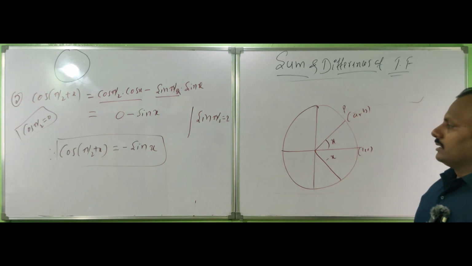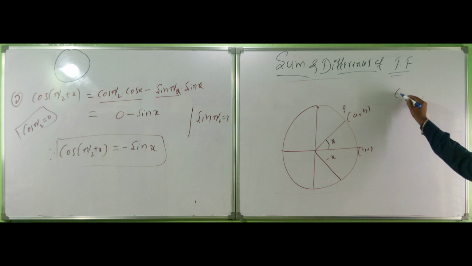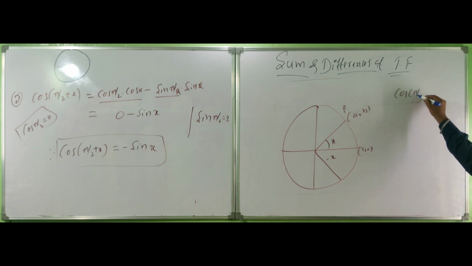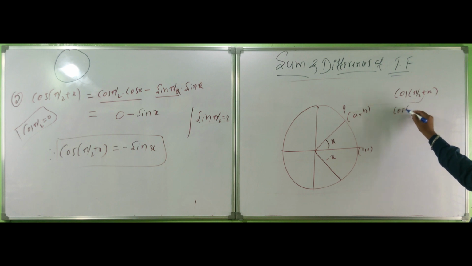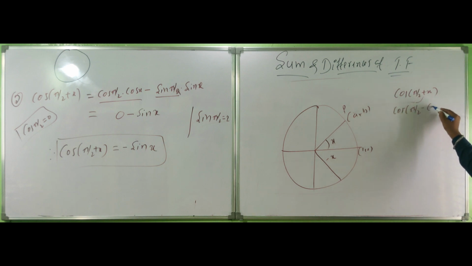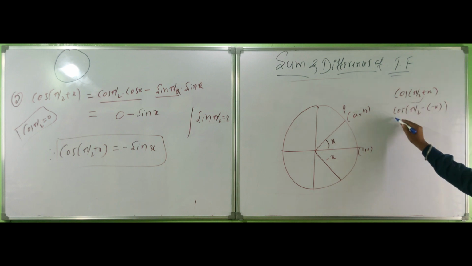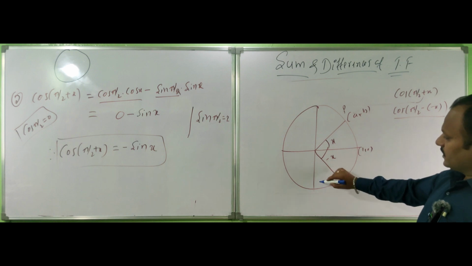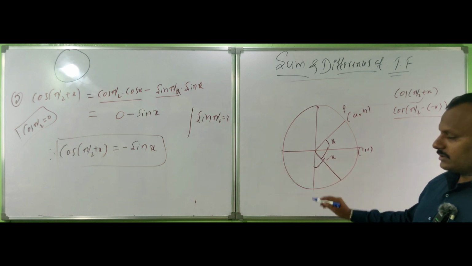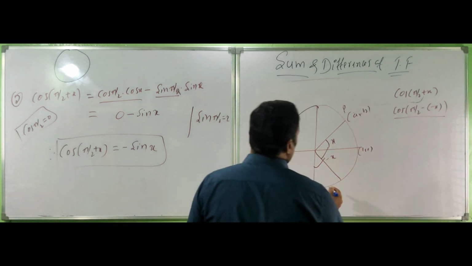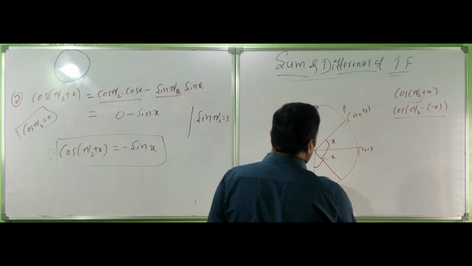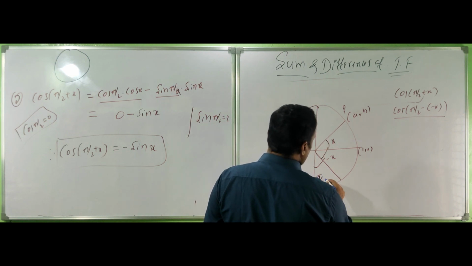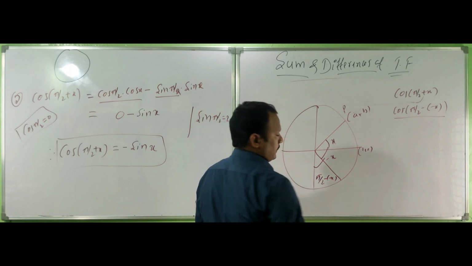And this I am writing as cos of pi by 2 plus x, and this one I am writing as cos of pi by 2 minus x. This is minus x, and this side becomes, look carefully, this angle becomes pi by 2 minus x.